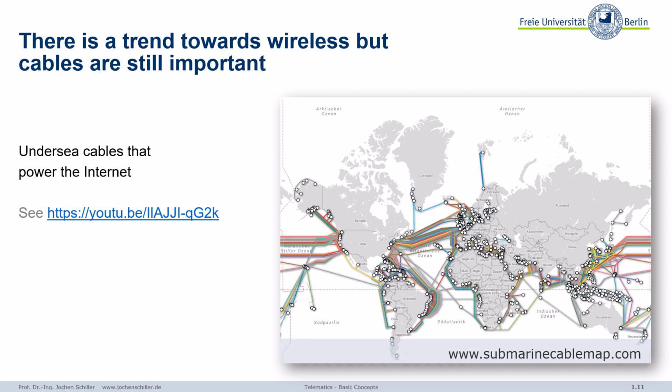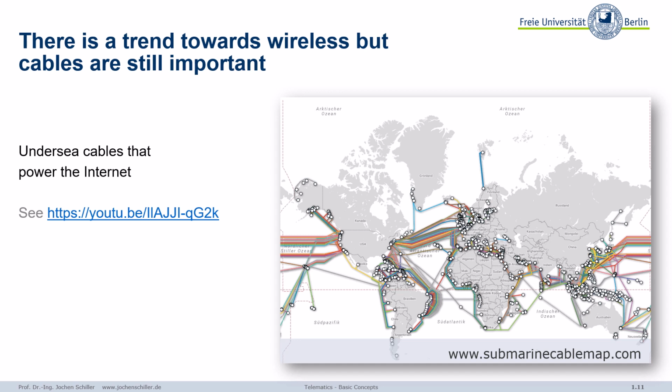We need many undersea cables, so this cannot be handled by wireless links, not by satellite links or microwave links or whatever. So the Earth is not flat, so it's a sphere. So we cannot simply send whatever we like just in a straight line. So in wireless communication, I will touch this in this other course.